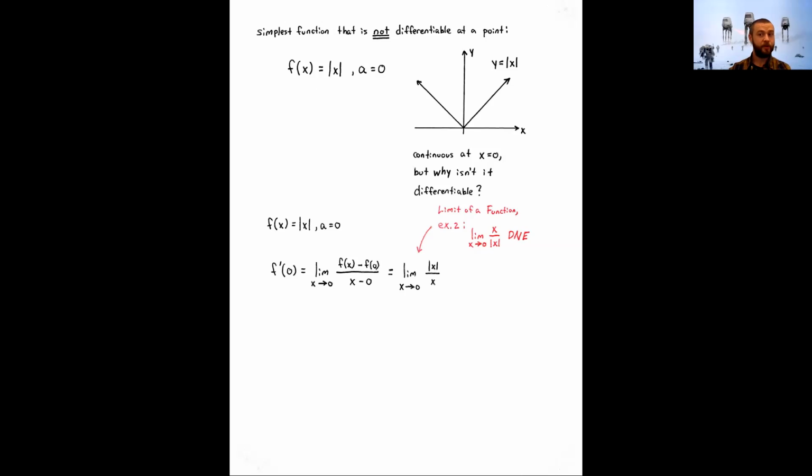Now, if you've taken good notes from the lectures here, you probably have it, if you've been numbering accordingly, within our lecture from the limit of a function. This was example 2, but flipped. In example 2, within that lecture, the limit of a function, we had this limit, the limit as x approaches 0 of x divided by absolute value of x.